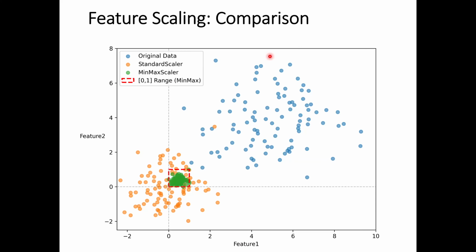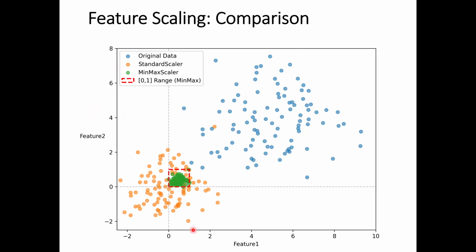Let's visualize the results of both feature scaling methods. The blue points on the plot represent the original data with two features, feature 1 and feature 2. We want to scale the data across both features. The result of StandardScaler is shown by the orange points.